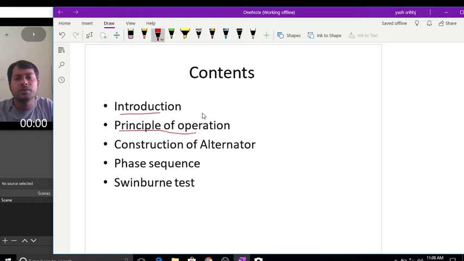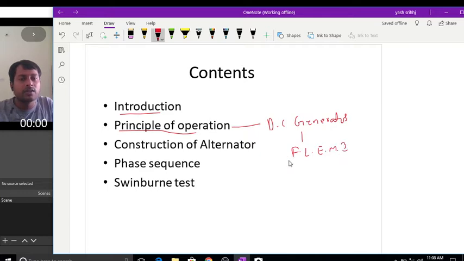The principle of operation of alternator is similar to the DC generator, which is Faraday's laws of electromagnetic induction. Same principle here, but in the DC machine, poles are on the stator and the winding is on the rotor.